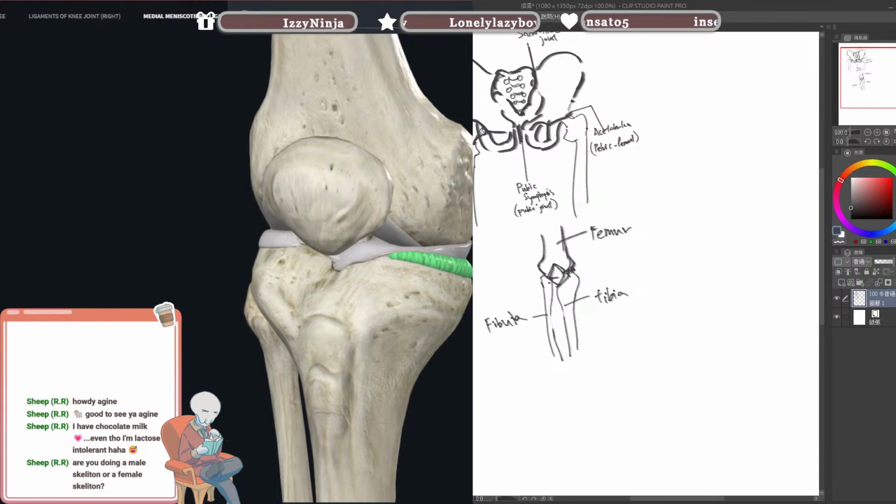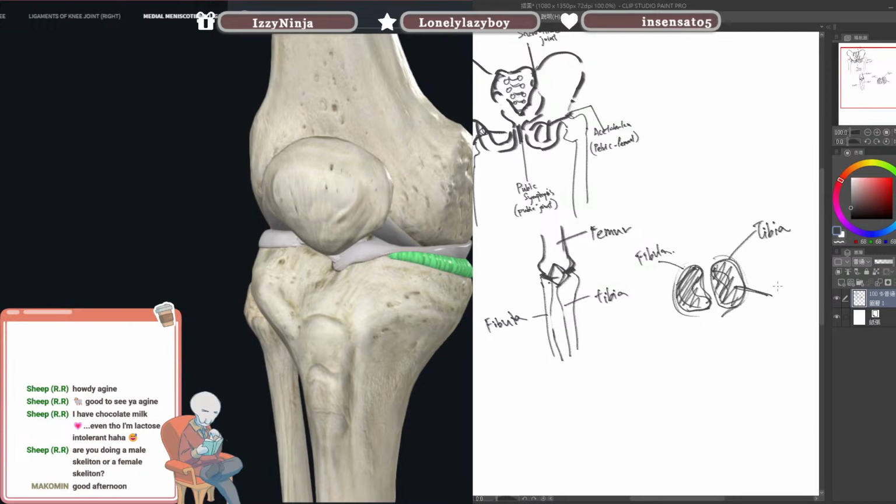And there are two very important connective tissues between your thigh and your calf. This is what it looks like from a top-down view. If you leave your femur away, this part is the tibia looking down, and this is the fibula. You can see these two very important ligaments.